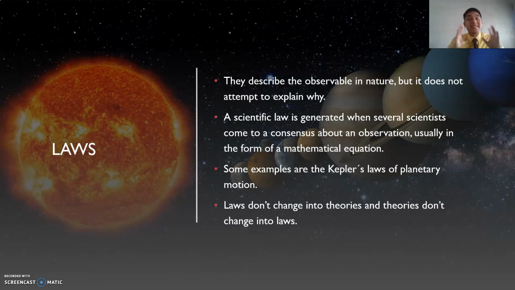And in the end, if they get exactly the same results, and there is no way out of the mathematical equation, it means it's a law, and it's something that is true. Some examples are Kepler's laws of planetary motion, which basically describe the motion of planets around a star.